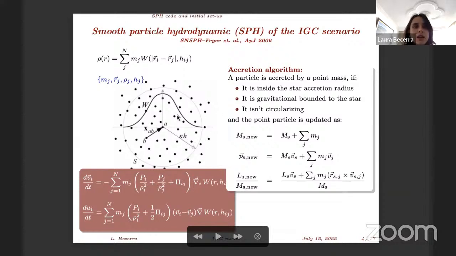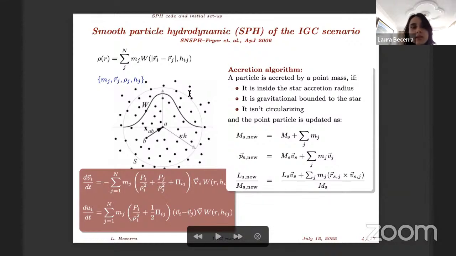Also, in order to model the induced gravitational collapse, we have introduced in the simulation two point particles that model the neutron star and the new neutron star.